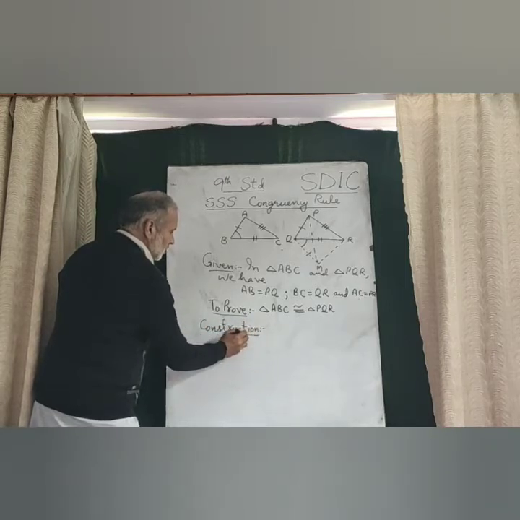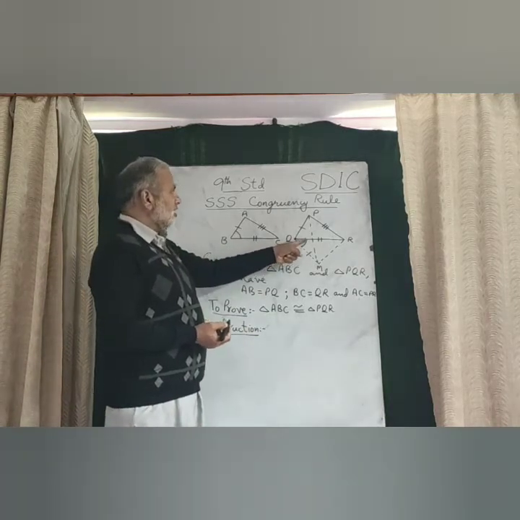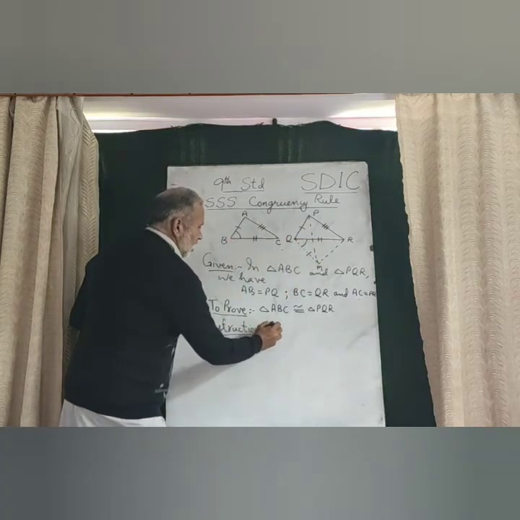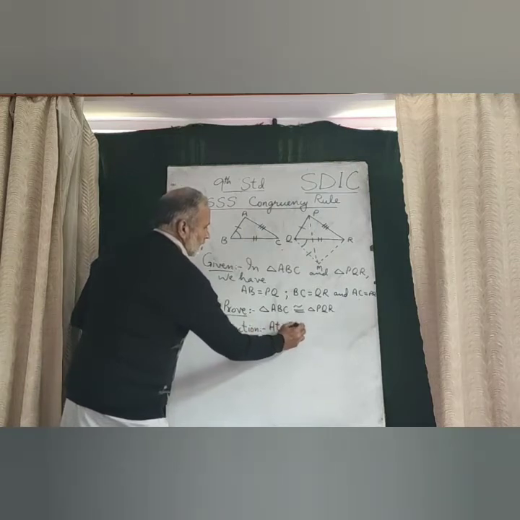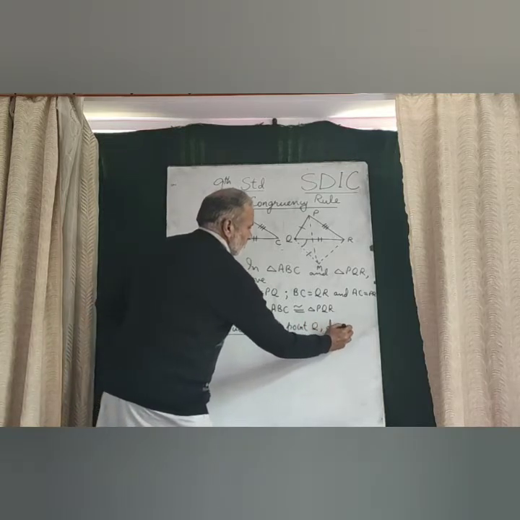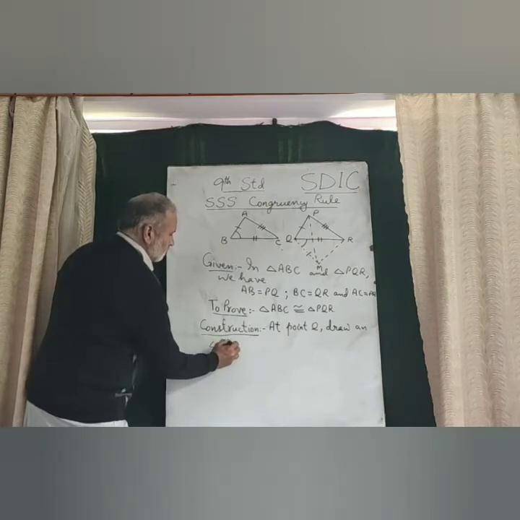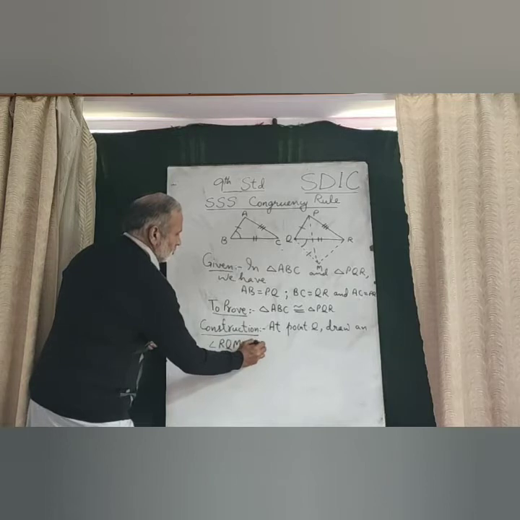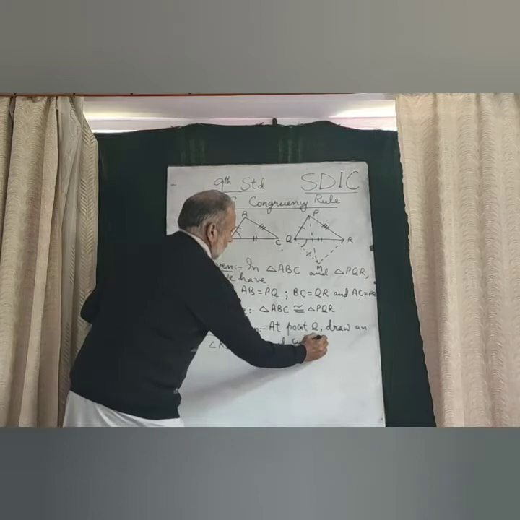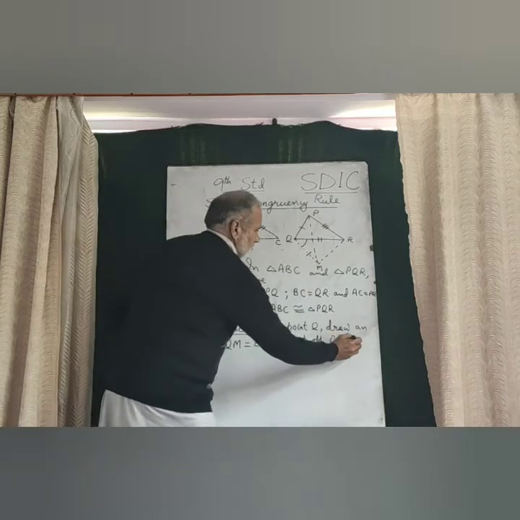Now recollect what is the construction. I have just now said at point Q we have made an angle RQM equal to angle B. Draw an angle RQM equal to angle B and cut off QM equal to AB.